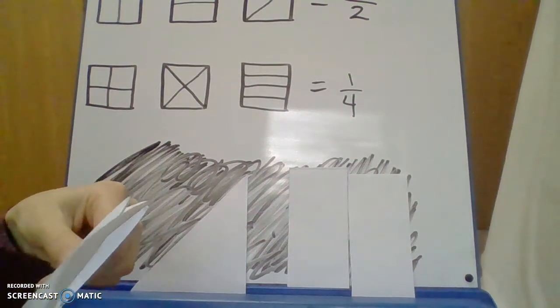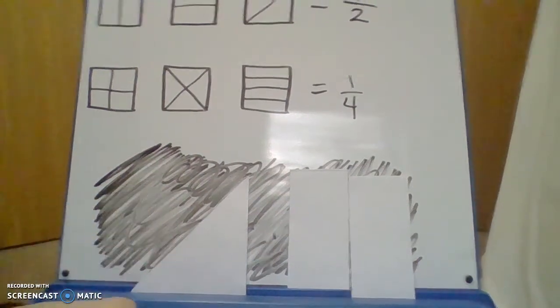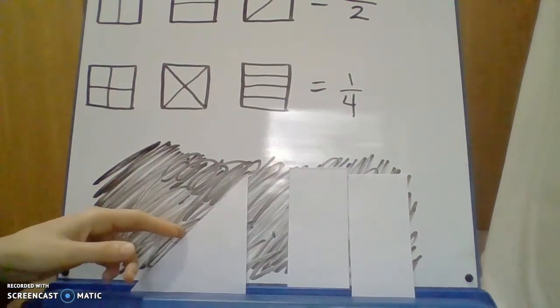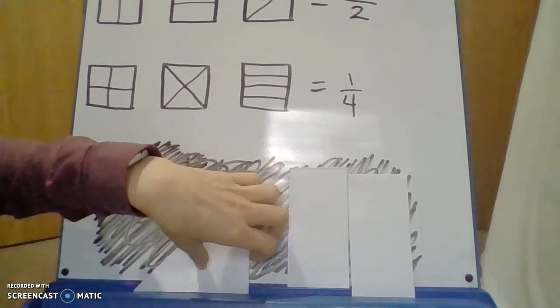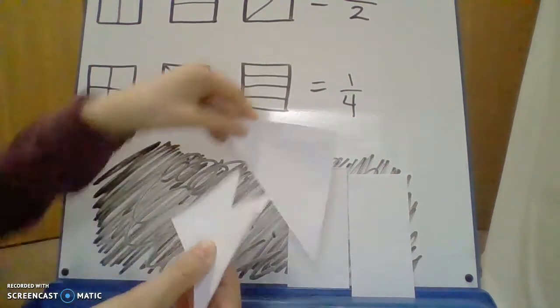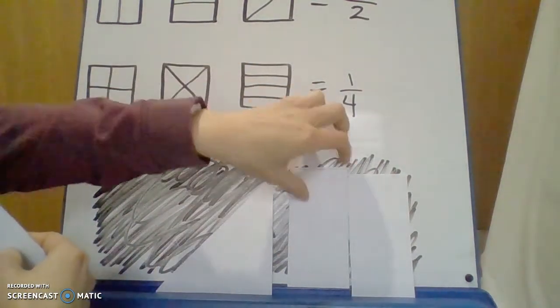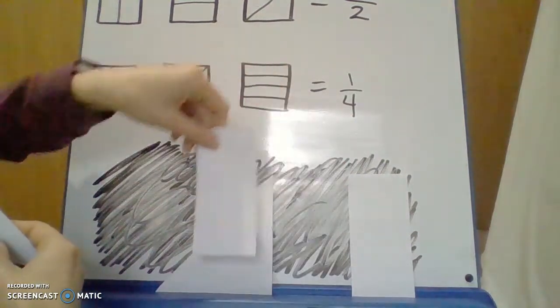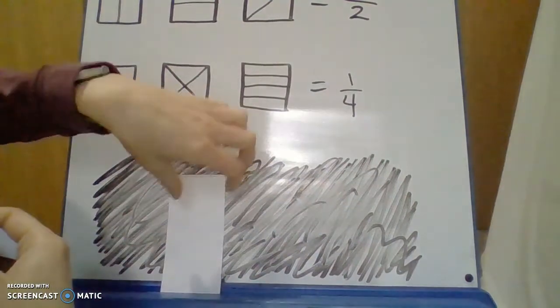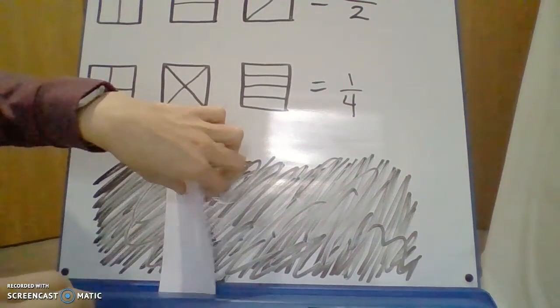Just remember, these triangles that I just cut up are the same thing. We want to know if it's equal to this rectangle. Keep that rectangle just so you can see everything else. And I'm going to use my magnets.